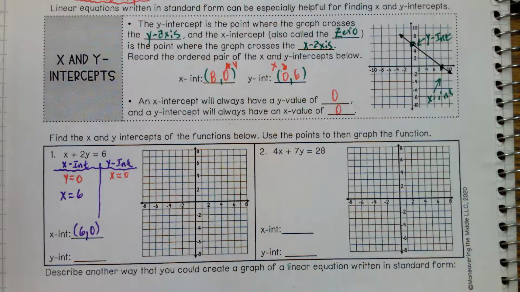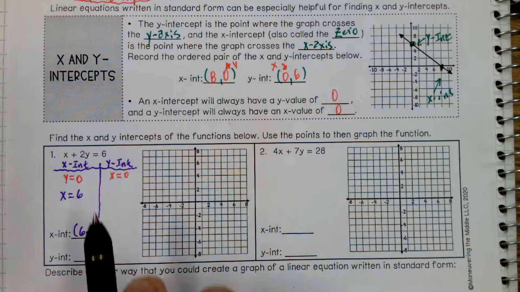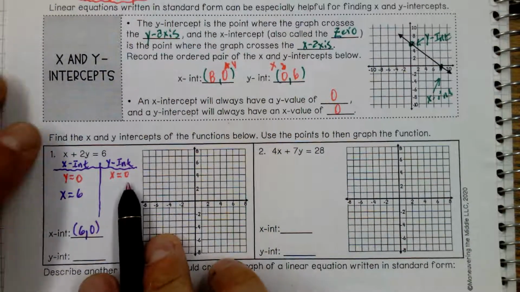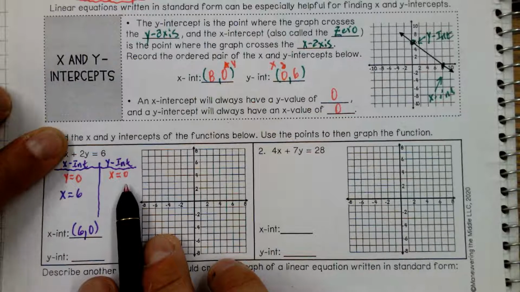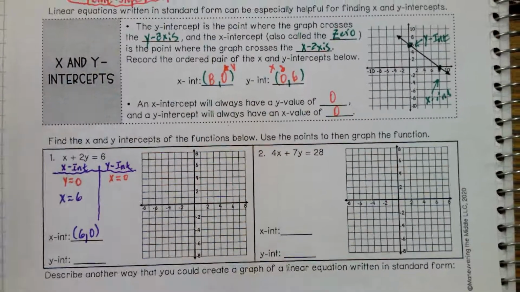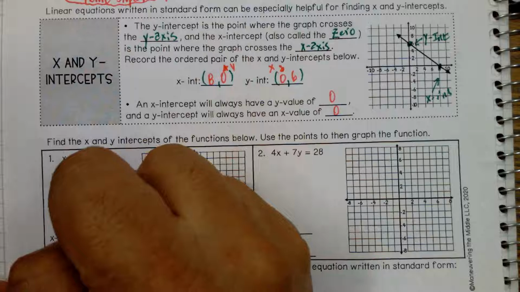Now, let's use that same trick for the y-intercept. So in a y-intercept, x equals 0. So what are we going to have if I replace x with 0? 2y equals 6. So we have to do a little bit of work, but it's not very hard.